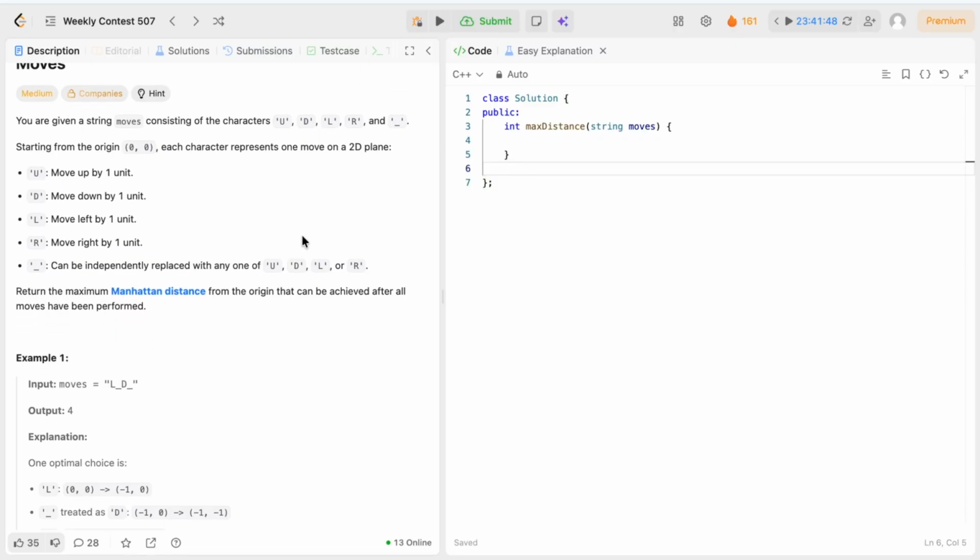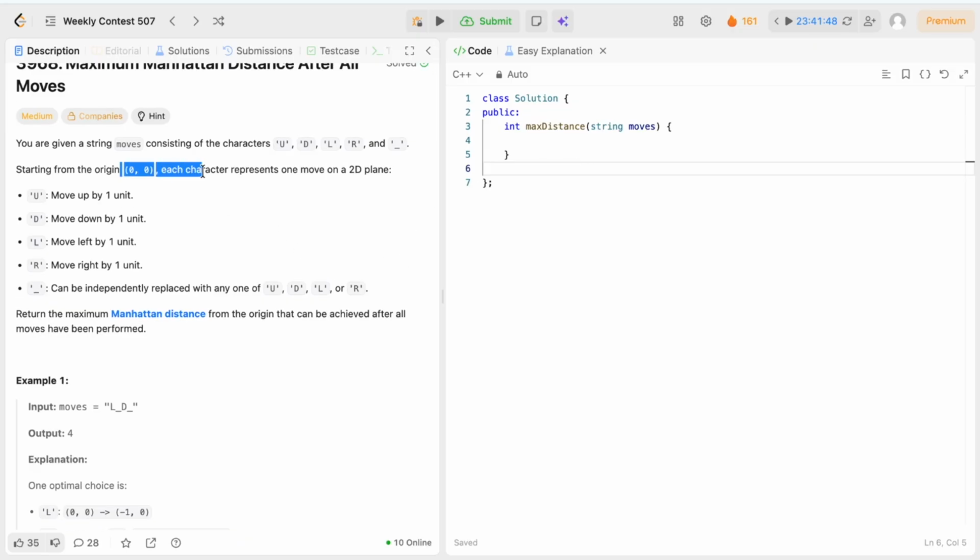So first we need to know what is Manhattan distance. According to the formula, the distance between 2 points (xi, yi) and (xj, yj) is the absolute value of the difference of x plus the absolute value of the difference of y. Here we have to find the distance from origin.